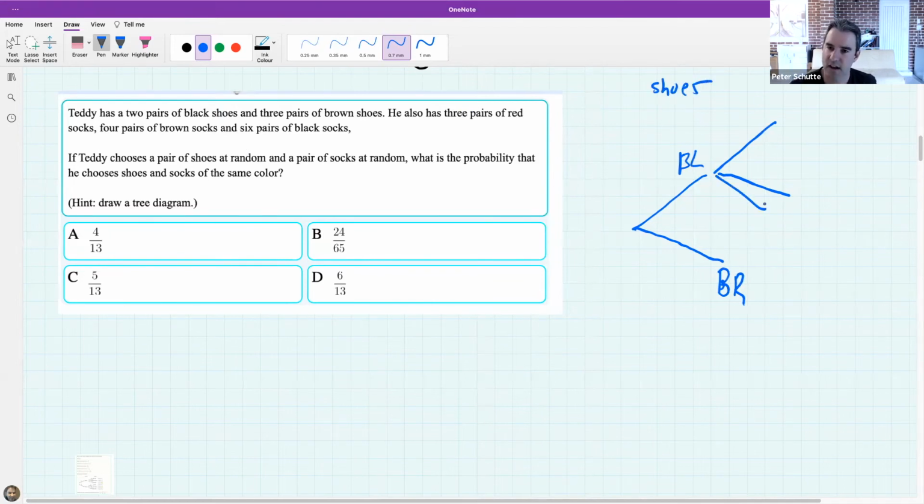And then I think these need to have three options because there are three different colors of socks. So we have red, brown, and what was the other one? It's black. And then here it would be red, brown, and black.